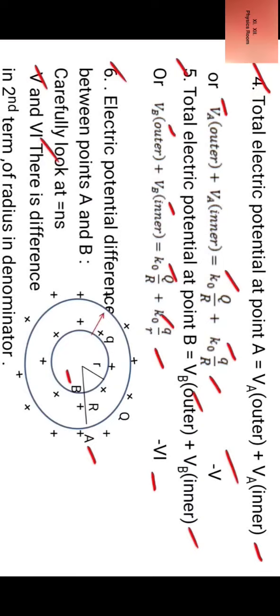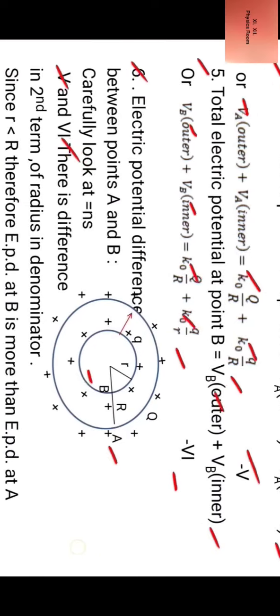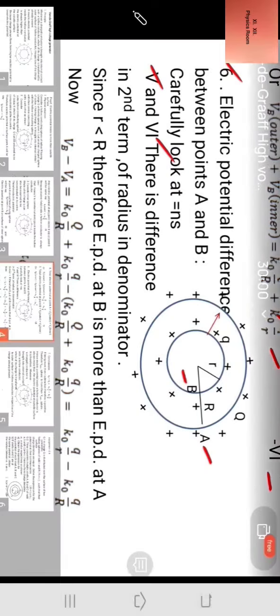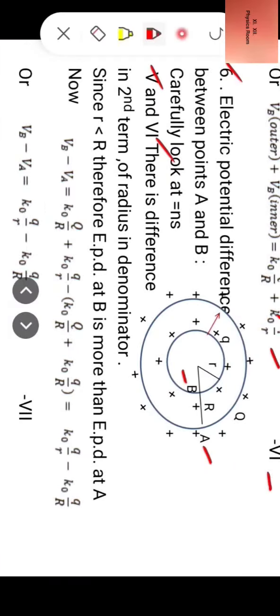Since small r is less than capital R, the electric potential at B is more than the electric potential at A. Therefore we subtract to calculate the electric potential difference.